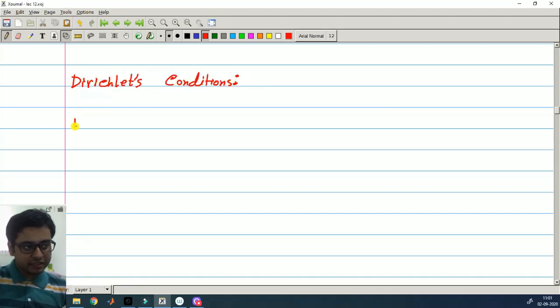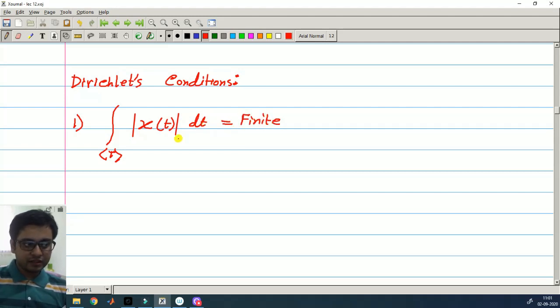It says that for the signal x(t) that you want to create, if you take the absolute value of that and integrate it over one complete cycle, then the result should be a finite number. The result of integration should not blow up to infinity. We say that the signal is absolutely integrable.